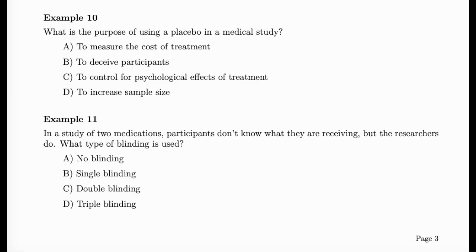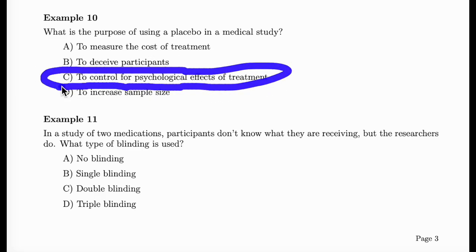So by giving one group the actual real pill, and then another group the fake medicine, since they're both taking something and ingesting something, they don't know if they're actually taking the real medicine or not. So it's going to lead to more accurate results because there isn't going to be a psychological effect on the way they feel. So the answer for this would be C. It's going to control psychological effects of the treatment.